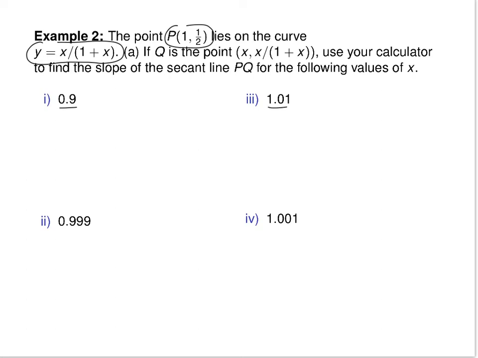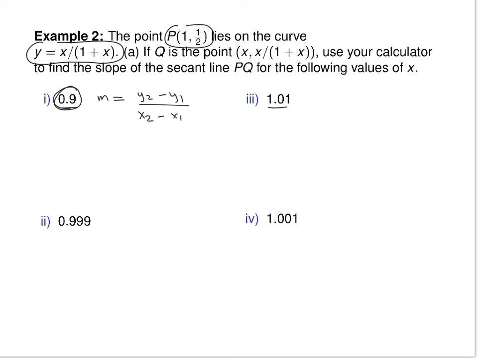So what this is saying is find the lines as your x's get close to 1. Find the slopes of them. So the slope will be y2 minus y1 over x2 minus x1. And this number is the number that you're plugging in for x that's close by.